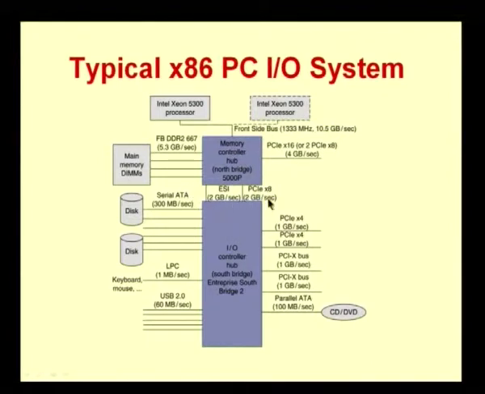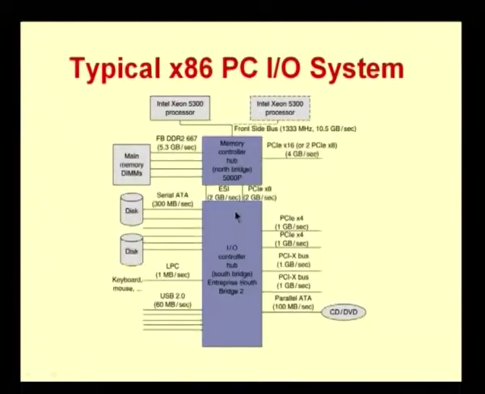Then you will have your PCI bus, this is your I/O bus, to which the I/O controller hub will be connected, to which you have the PCI-X bus and other things connected, to which you have the different devices: disks, keyboards, mouse, USB ports. All these things would be connected. This is called the south bridge. So, north bridge and south bridge are two terms used to identify the memory controller hub and the I/O controller hub. This is typically how things will look inside your PC.